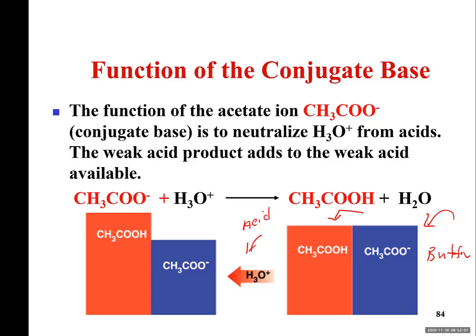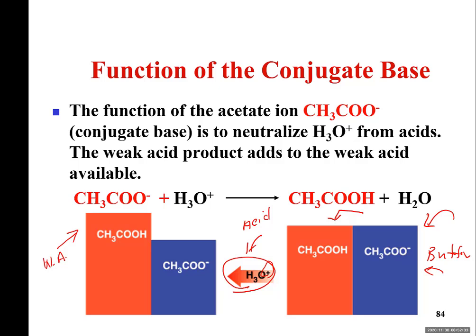So this mixture is going to immediately neutralize the incoming acid. How? Which one of these two would like to react with H3O plus? Obviously, the negative charge. So the conjugate base is going to neutralize the acid and be converted to the weak acid form.